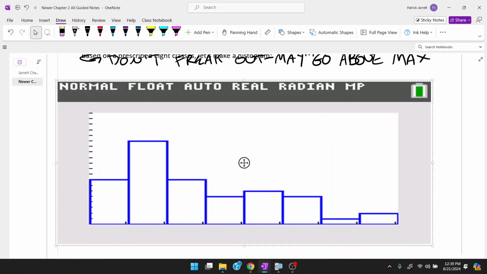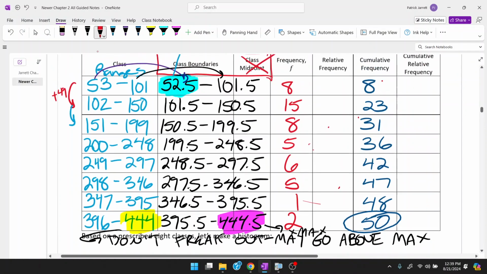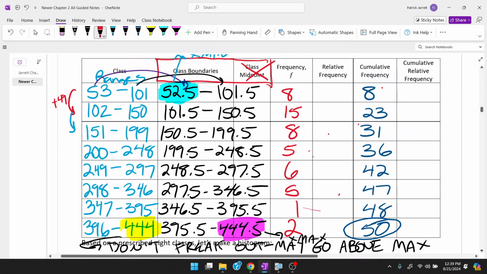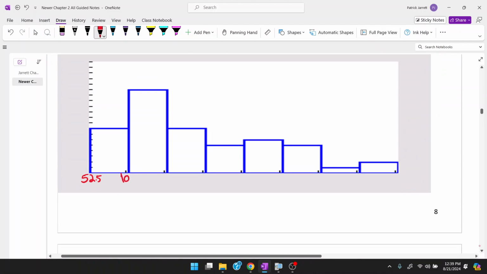It's probably a heck of a lot better than I could ever draw. 52.5, and then 101.5, 150.5 and so on. But yeah, pretty easy, I think.